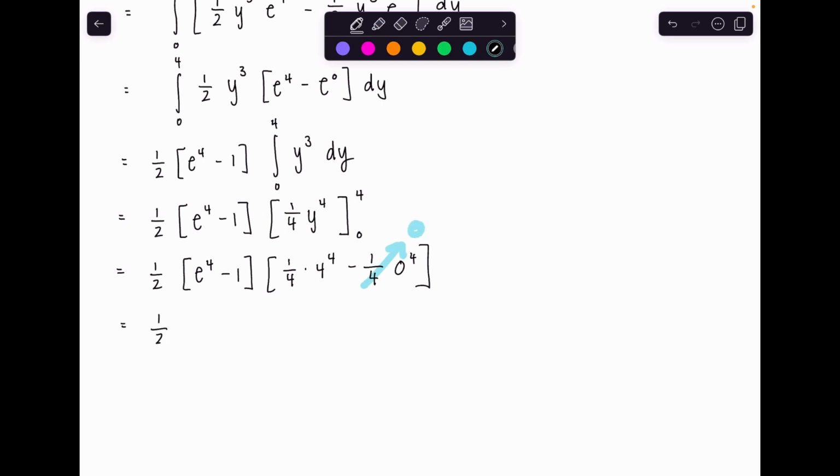So we really get 1/2 times e to the 4th minus 1. And then same thing ends up happening here. 4 to the 4th divided by 4 is 4 to the 3rd, and 4 to the 3rd is 64. So combining those like constants, 1/2 times 64 is 32, and that's times e to the 4th minus 1. So this is exactly the same thing. It just takes more work to get there.